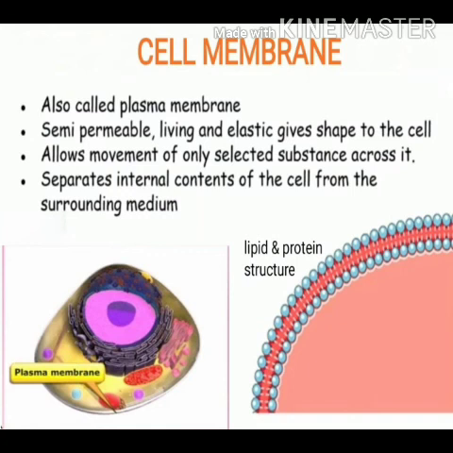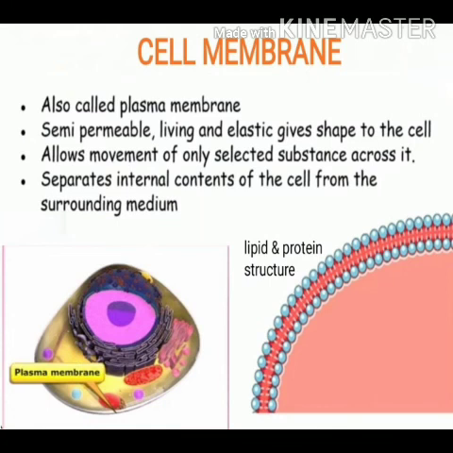Remember the features of the plasma membrane, students. It is the outermost protective layer of the cell, so it ensures the protection of a cell from the outer environment. It provides a shape to the cell, and it is porous and selectively permeable in nature.